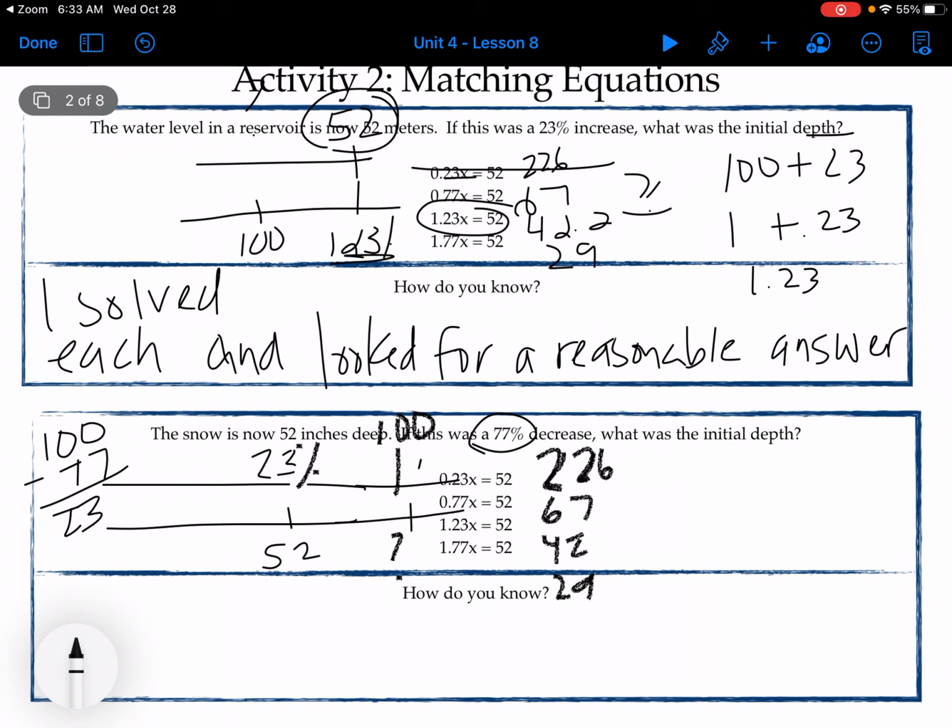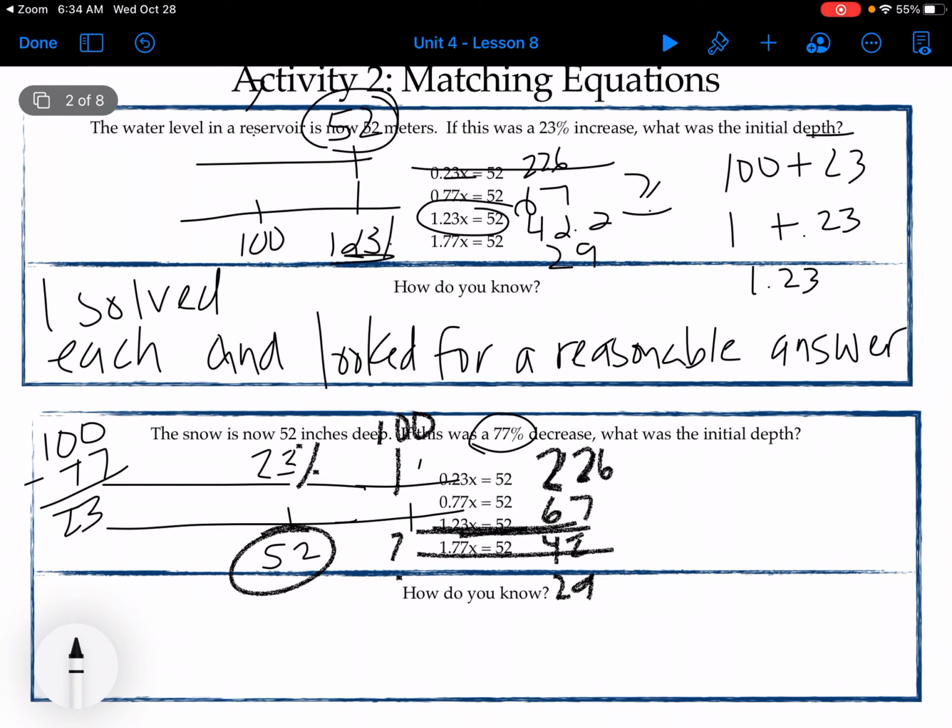So I'm looking for a reasonable answer. Now this is a 77% decrease. So that means it's got to increase to be 100%. So it's not going to be this one or this one. So I've got to think a 77% increase. That's more than 50% more, right?